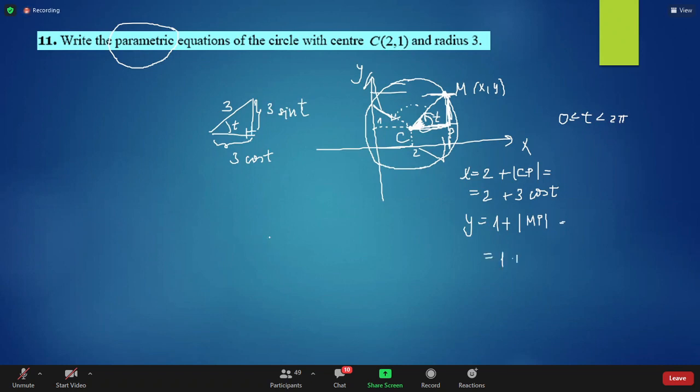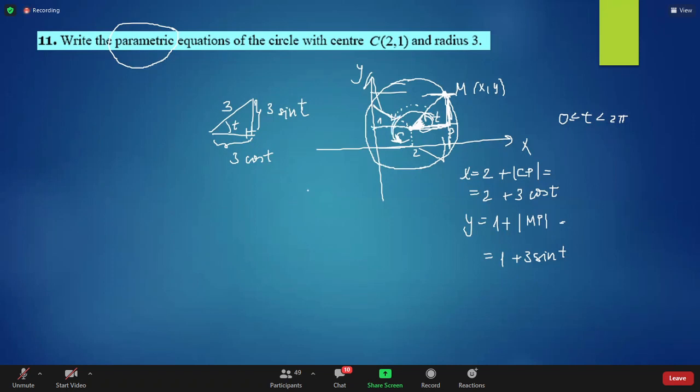Again, let's have a look. So when sine is negative, if we rotate beyond 180 degrees, or beyond the angle pi radians, the sign becomes negative. And yes, of course, the point goes below 1. That's all correct. And so we have these parametric equations.